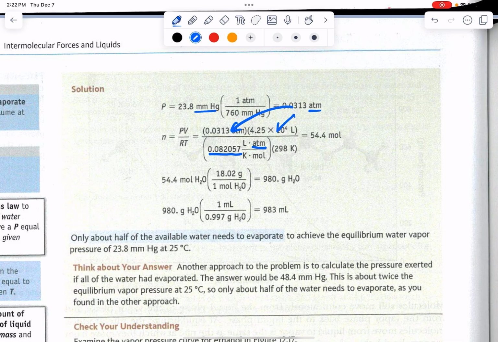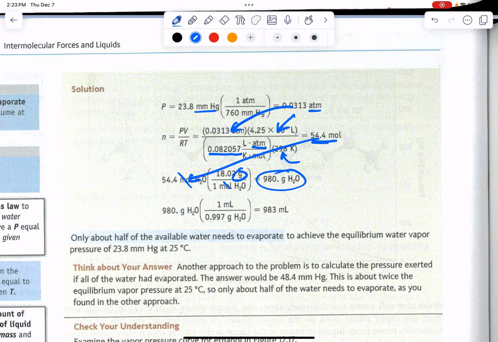This is the volume of your room. This is the temperature of your room. And here you find your moles of gas. Then once you find your moles of gas, you're going to convert it into grams. So moles cancel. And this gives you the grams of water that you would have in the air at a water vapor pressure of 23.8 millimeters of mercury.